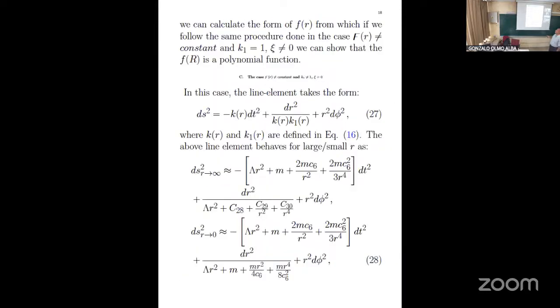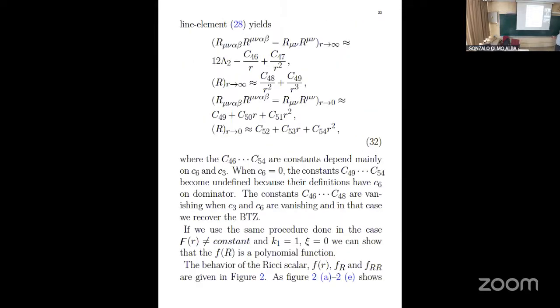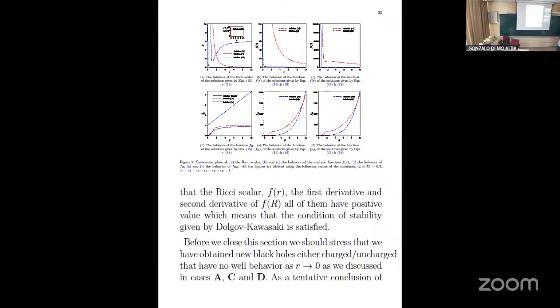So let us now check this solution. All of us know that for any solution with f(R), we should have that f(R) and its first derivative and second derivative must be greater than 0. So is this satisfied for our solution? Yes.